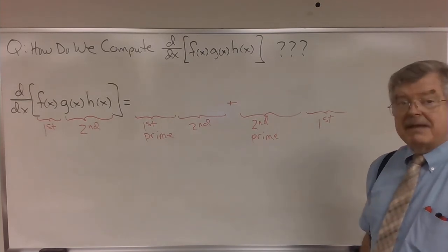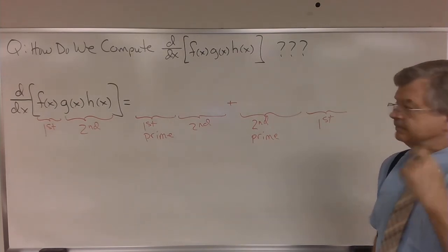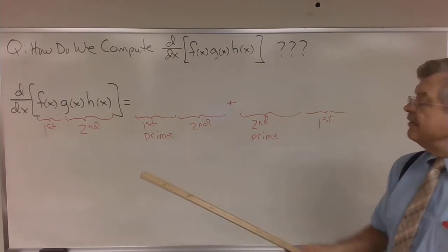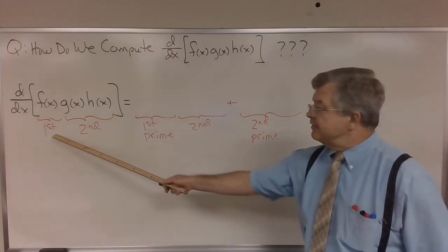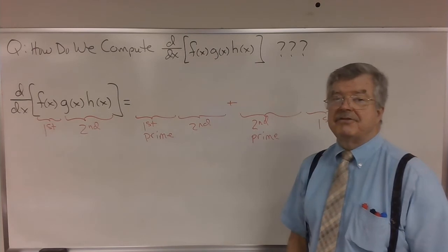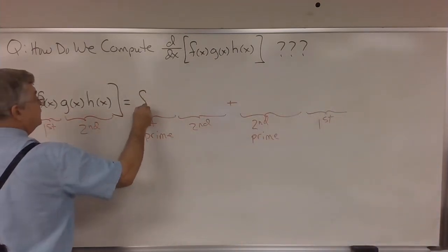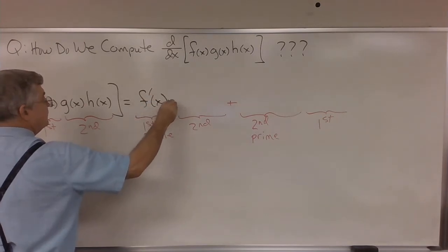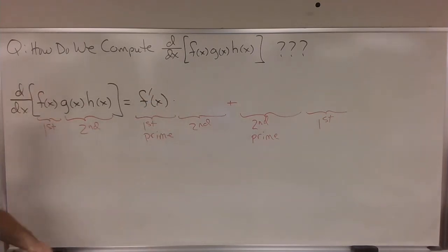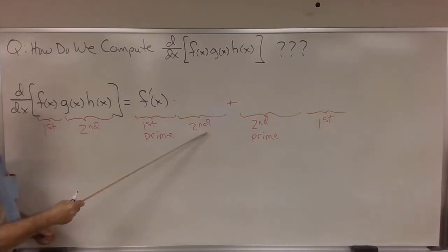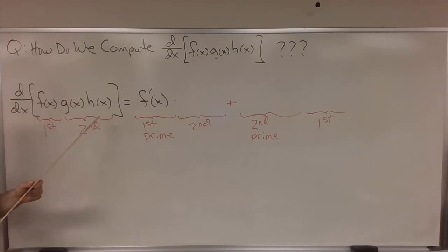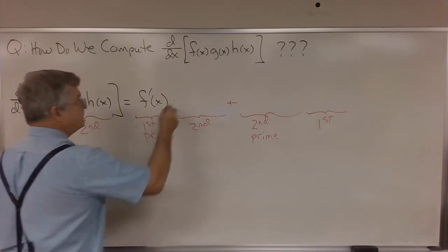So maybe this is easier than I think it will be. First prime, that's the derivative of the first function, and that's f of x. Derivative of f of x is f prime of x. So far, so good. First prime times second, we take the second function verbatim and put it here. Here's the second function, g of x times h of x.